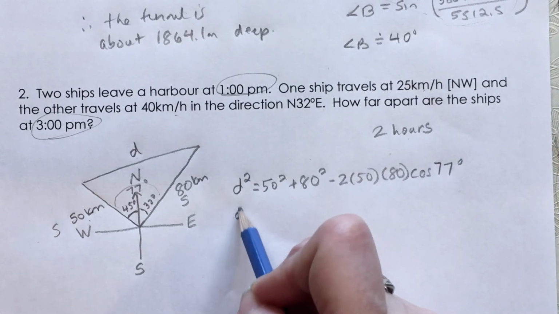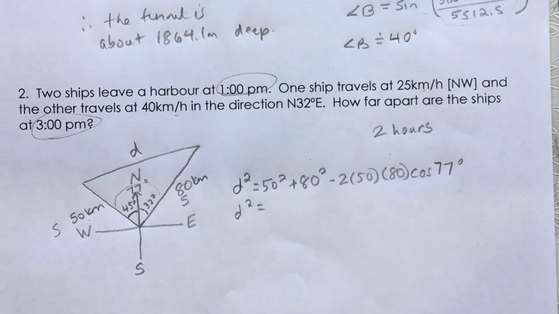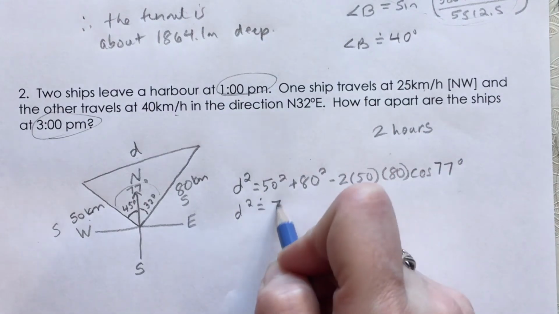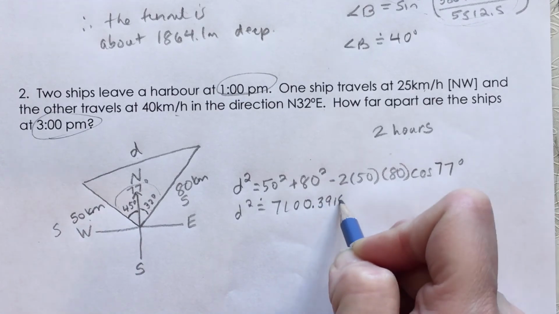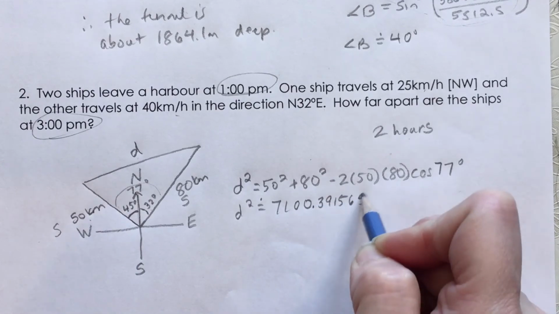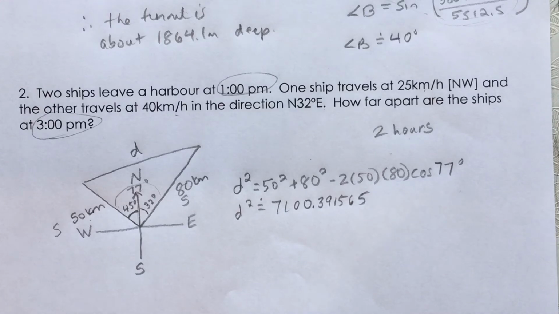And then we can find that out on our calculator. And I get approximately 7,100.391565 before my calculator runs out of giving me digits.